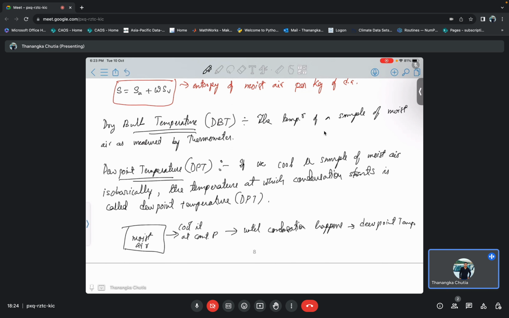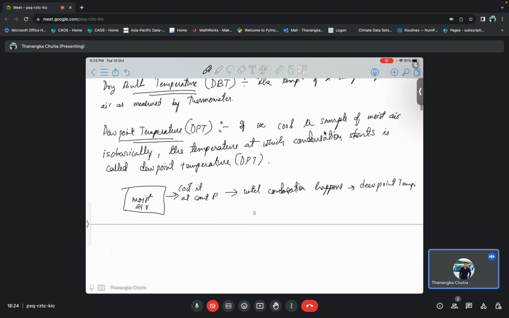Now there is a third temperature, which is called the adiabatic saturation temperature, or sometimes it is called the wet bulb temperature, WBT.